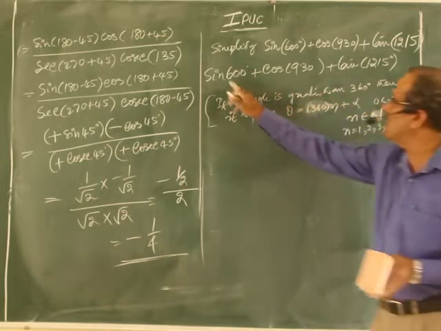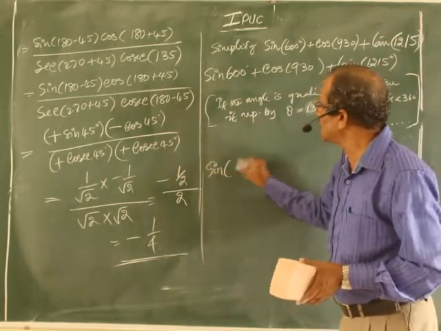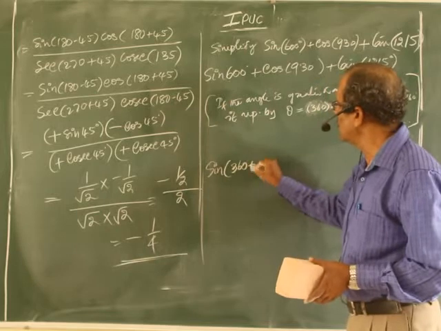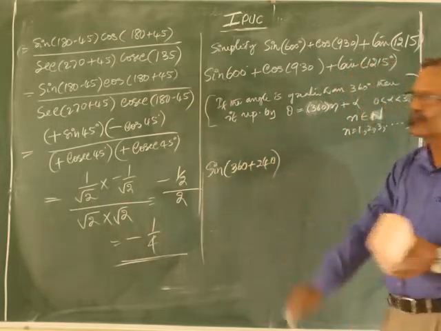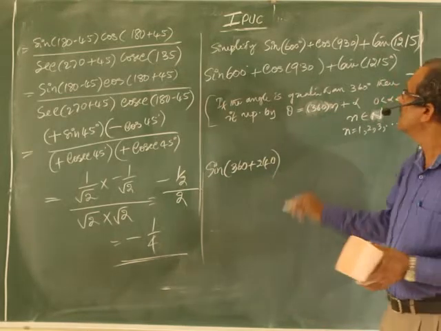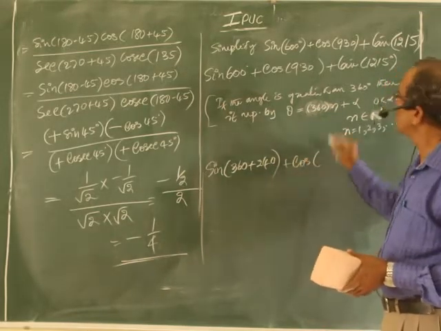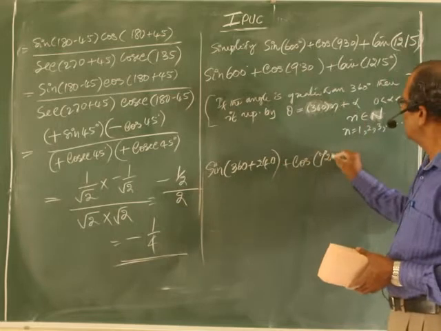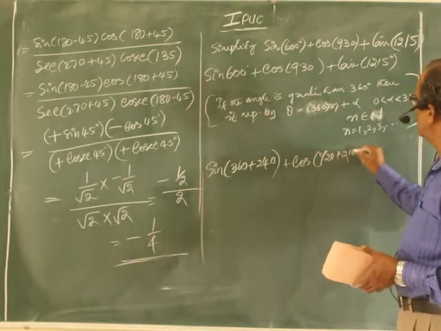Now let me do the same thing. Sin 600 can be written as 1 rotation completed, 360. After that it is 240. Cos, this one 2 rotations completed, see, 720 plus 210.